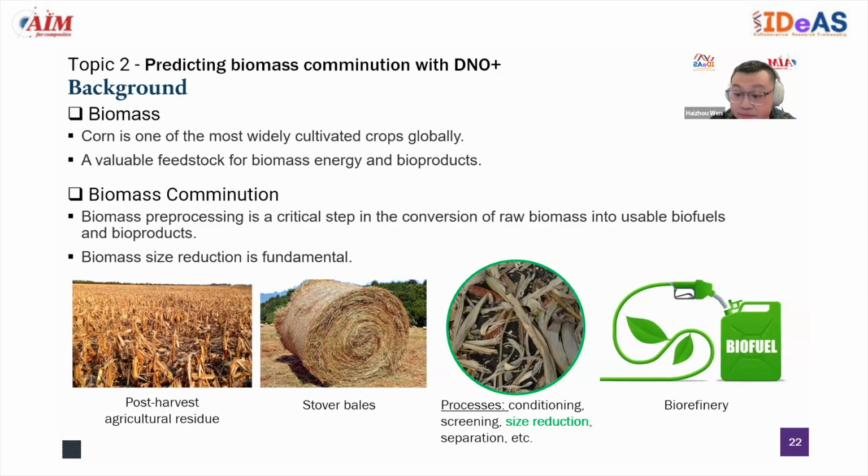Reducing its size can improve handling, increase the surface area, and enhance the efficiency of certain downstream processes like chemical conversion, fermentation, and combustion. So in short, size reduction in biomass pre-processing is very important for converting raw agricultural residues into clean energy and valuable products.